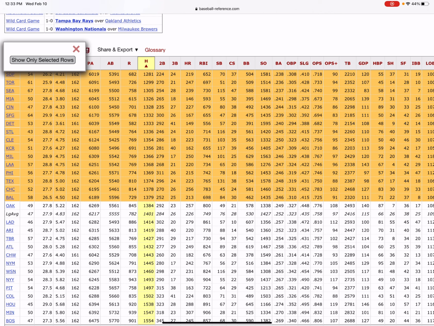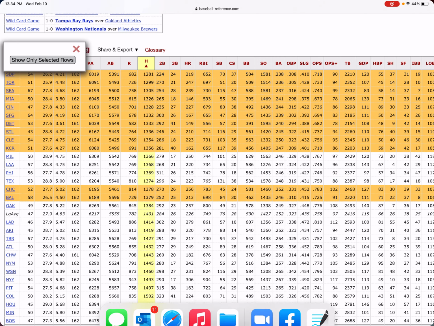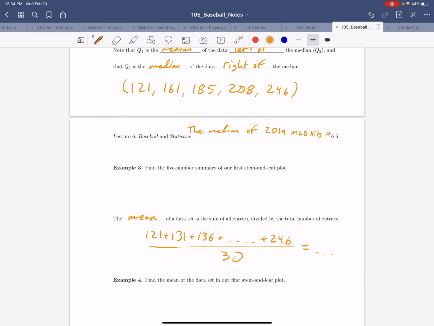Well, that means that the median has to be the value between those two values, right? So that's pretty straightforward then, right? The median is going to be 1378 plus 1379 all over 2. If you can just eyeball it, then you know that that's the answer, right?